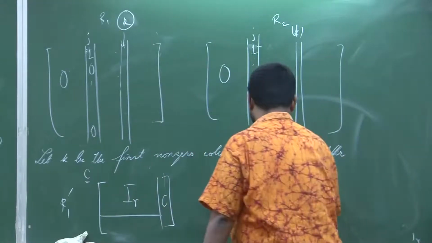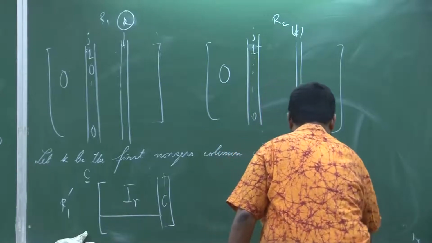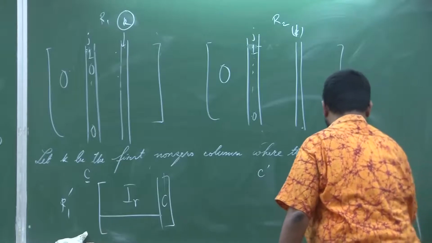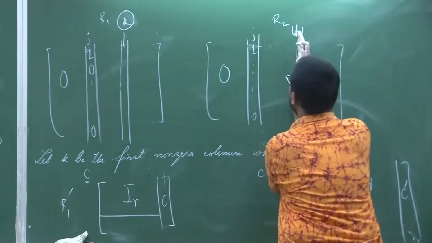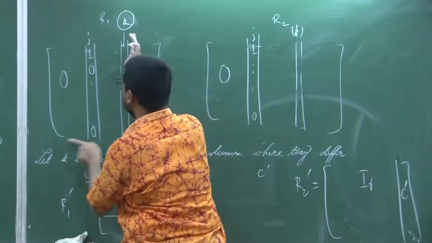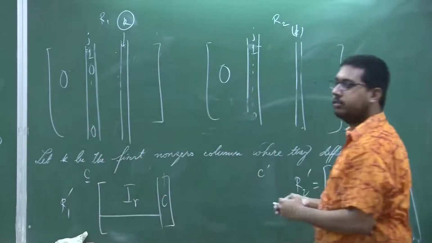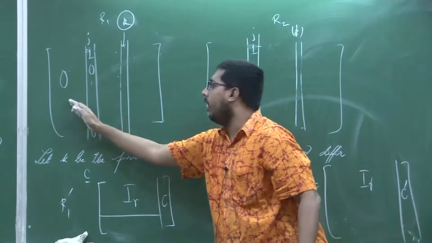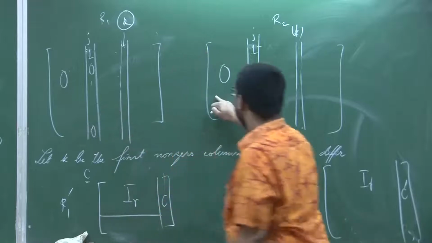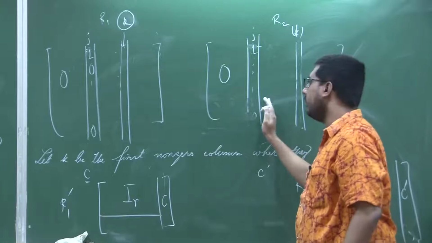Similarly, that is what we can do for R2 as well. Let us denote that matrix as R2 dash. So, it has C prime, and as you see, the columns containing the pivots to the left of the kth column in R1 are identically equal to those in R2.